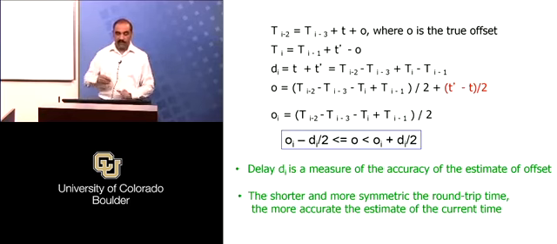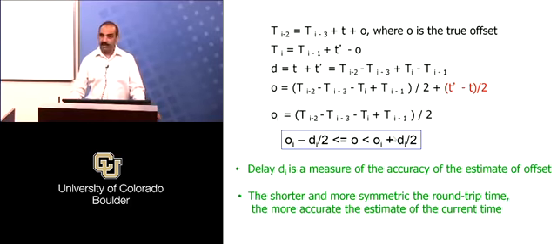If you look at the previous message exchanges, you will see that T_{i-2} is going to be T_{i-3} plus T plus O. T is the transmission time, O is the true offset.